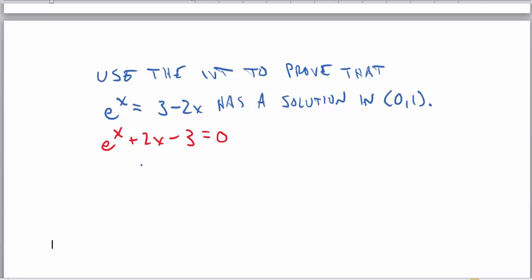So there's my new equation, and now what would I do? I would call that left-hand side of the equation f of x. So I'm going to say let f of x equal e to the x plus 2x minus 3.